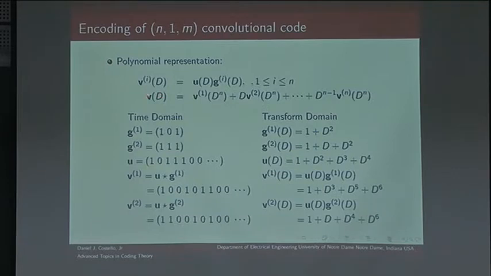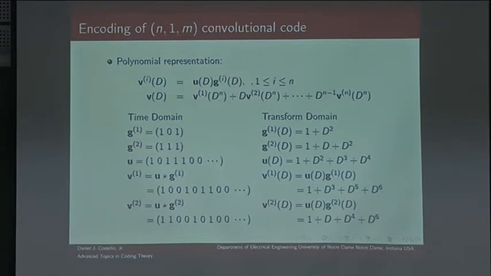So the polynomial representation: the ith output sequence can be written as the input sequence u expressed in polynomial form with an indeterminate D as a delay element, times the ith generator sequence, again written in polynomial form.